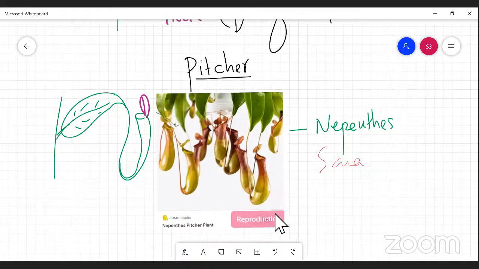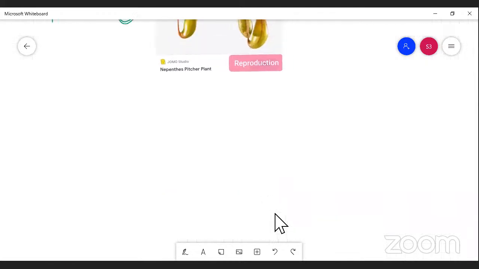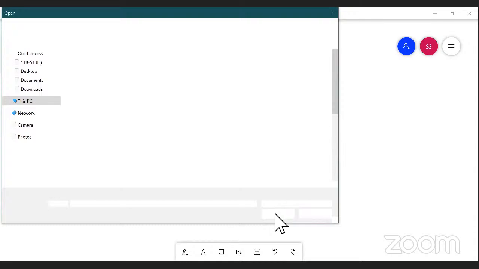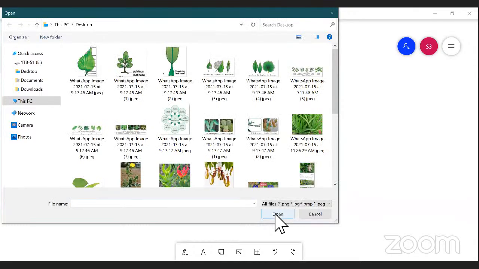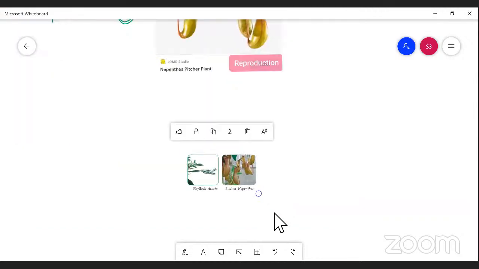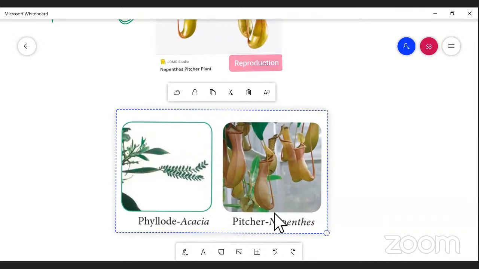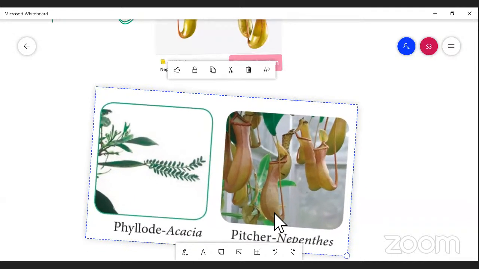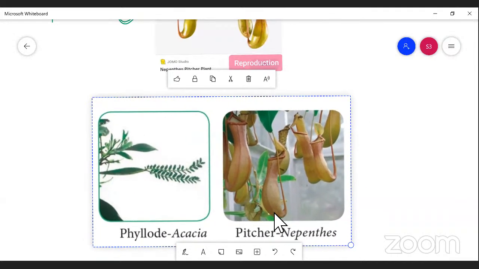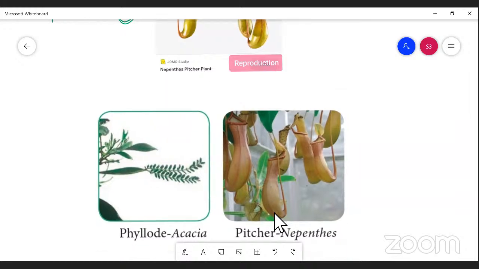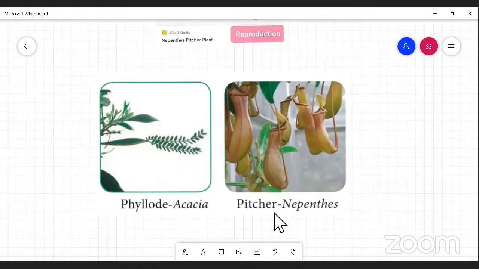Which of the following is an example of pitcher plant? Now you can understand very clearly, right? Sometimes the leaf petiole is modified, as in the acacia plant.